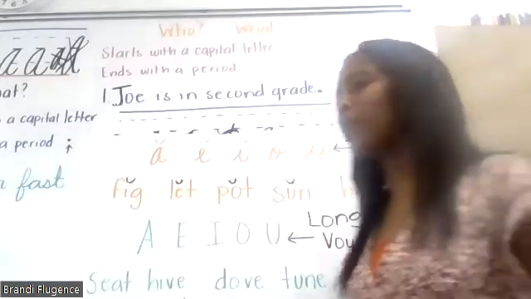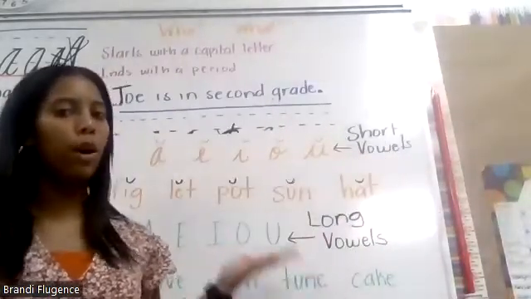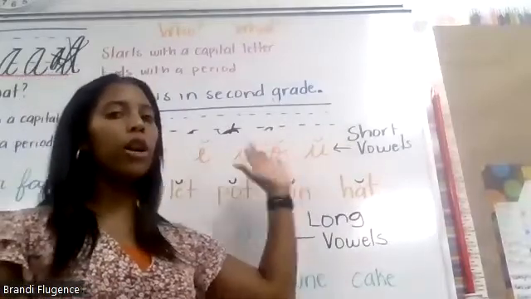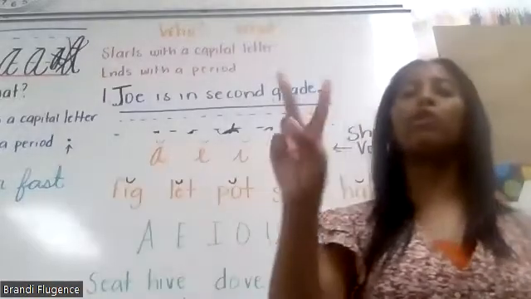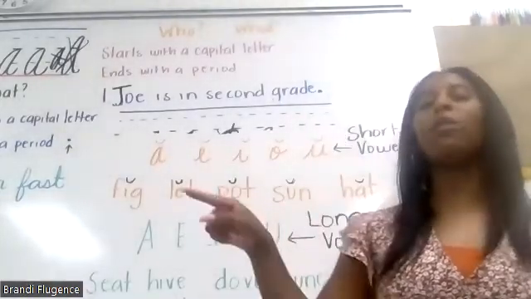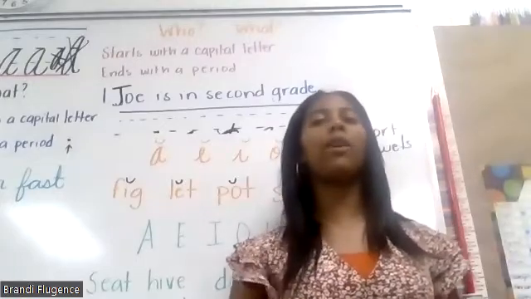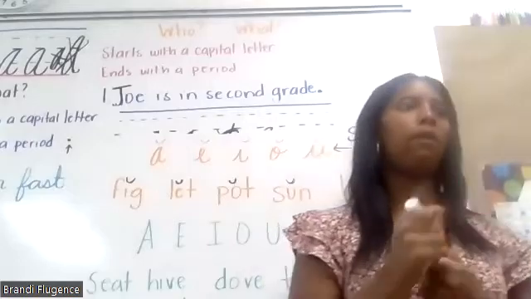Now, we have to pay attention to the rule because that will help us to identify when to use long vowels and when to use short vowels. So the long vowel rule says that when there are two vowels in a word, the first vowel is long, the second vowel is silent. We don't hear it.